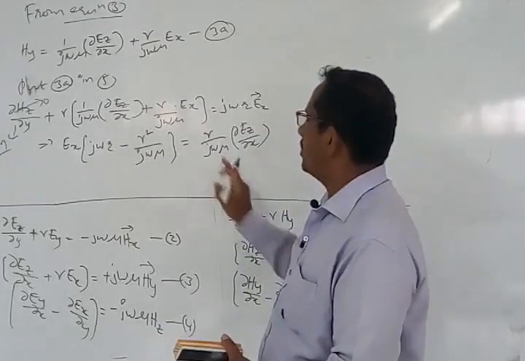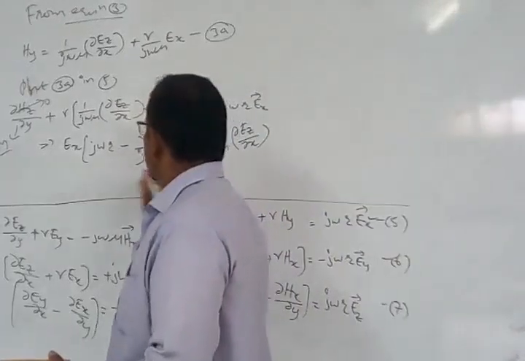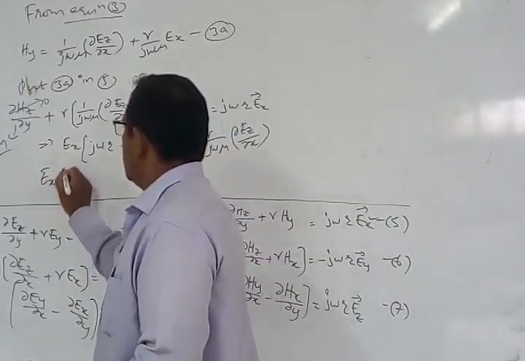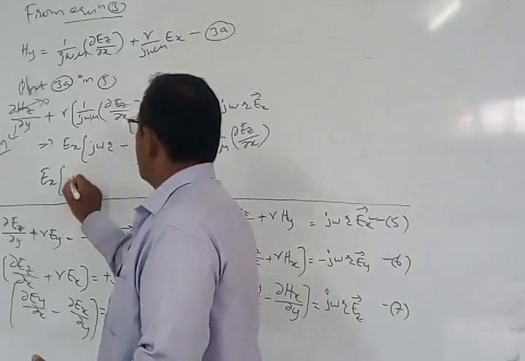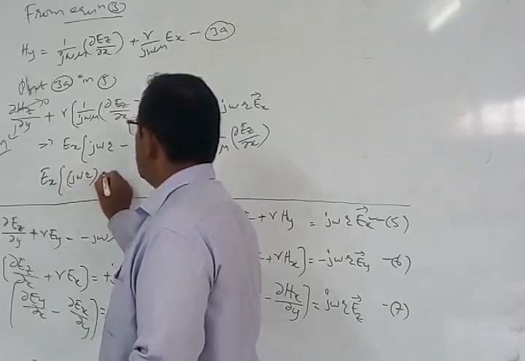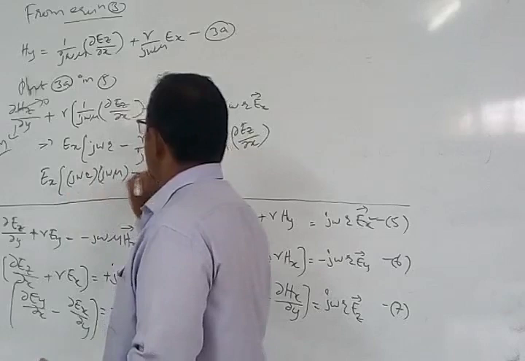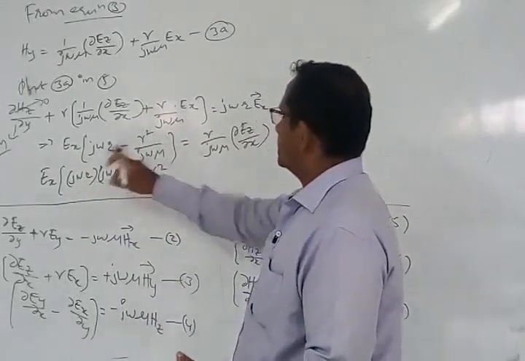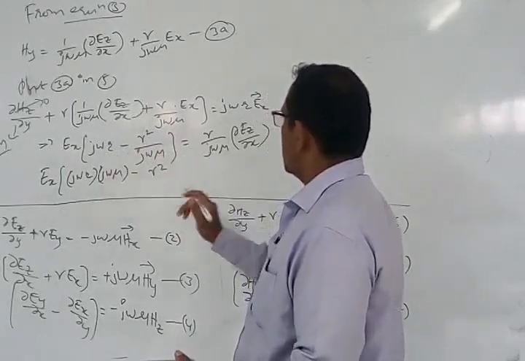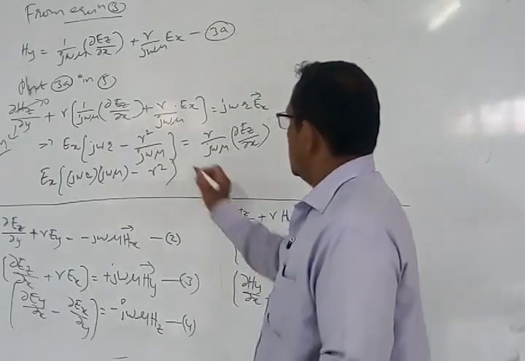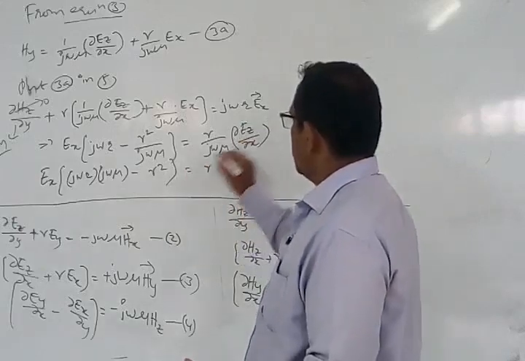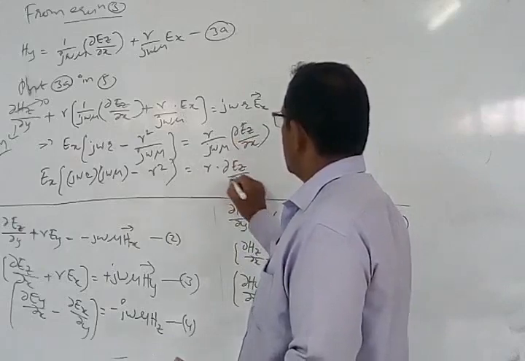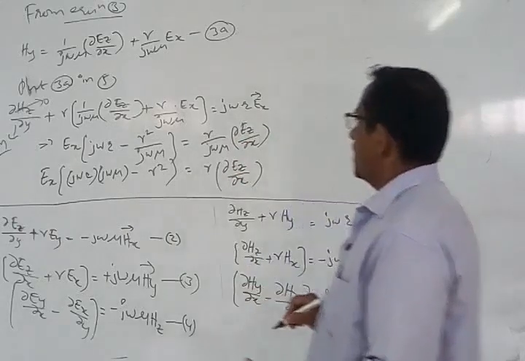So Ex times j omega epsilon into j omega mu, minus gamma square. The j omega mu gets cancelled on the right side, so this is equal to gamma into dou Ez by dou x.